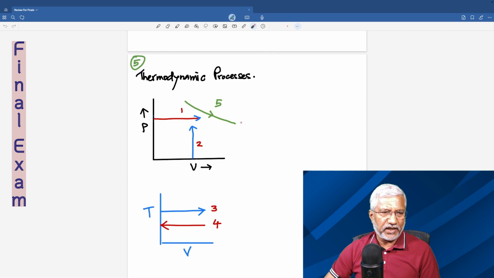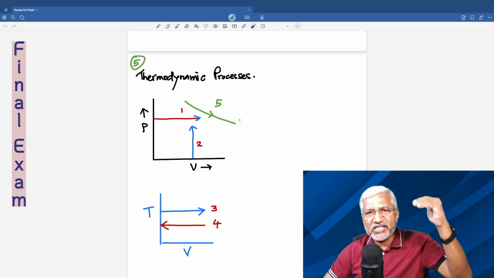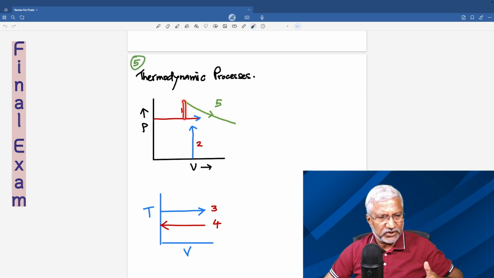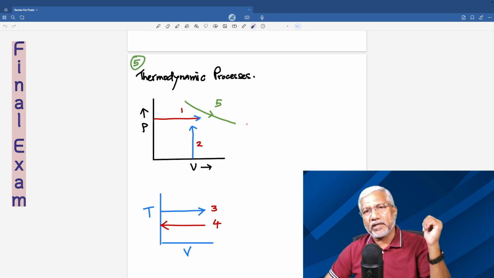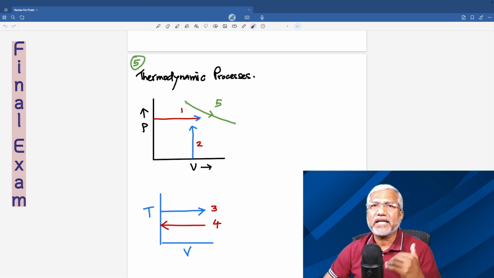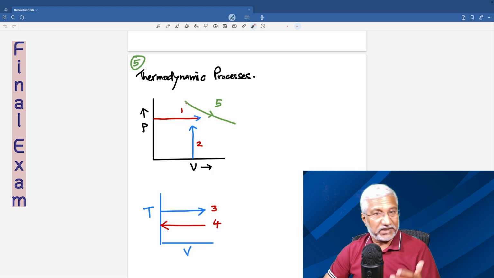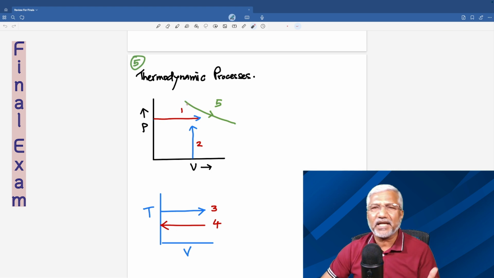This graph shows that the volume is increasing, the pressure is decreasing because it's going down. So from here, the pressure is high, here the pressure is low. So increasing volume, decreasing pressure, but the temperature is constant. Now we can't make it out, but we know if the volume is increasing and the pressure decreasing, it has to be at constant temperature, so that's isothermal. Okay, so that's what you have to know from there.